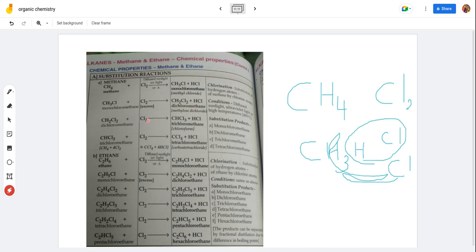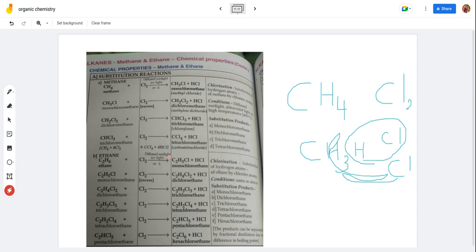And then if you pass chlorine, one of the hydrogen atoms will be replaced with chlorine, so it will become CHCl3, that is nothing but trichloromethane or chloroform. Now again you take CHCl3. If you pass the chlorine here, this hydrogen atom is substituted with one chlorine atom to become CCl4, that is tetrachloromethane, and then you will have the HCl. So this is a substitution reaction.